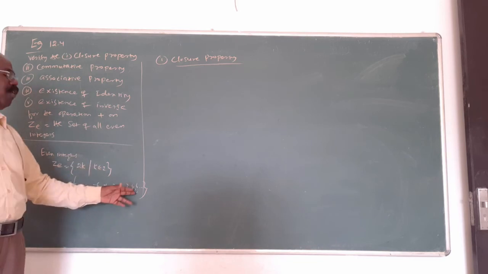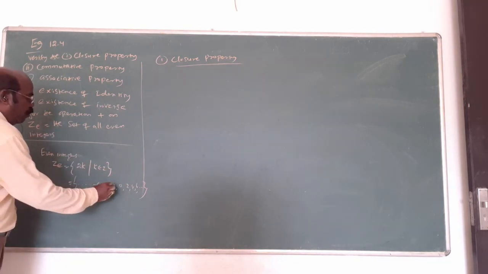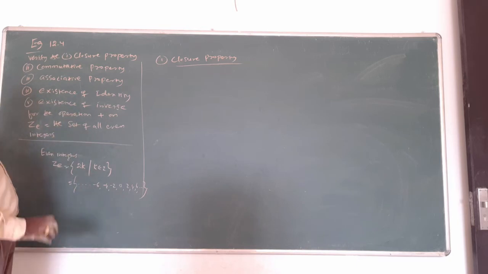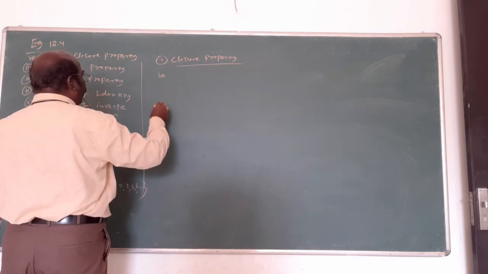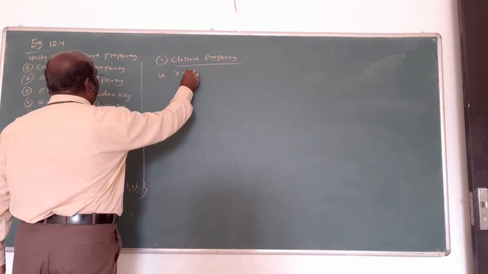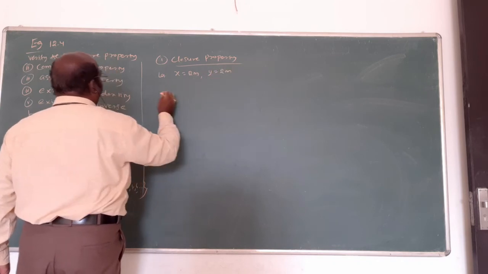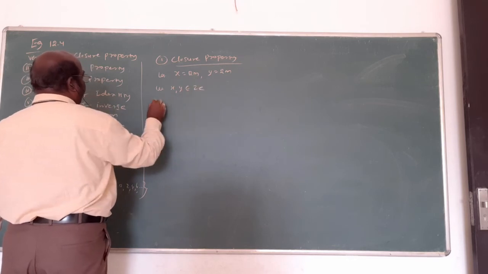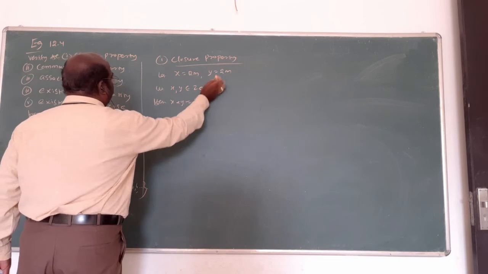Here 0, 2, 4, 6, etc. going on. Left hand side minus 2, minus 4, etc. going on. This is called even integers. For closure, first I want to assume that x is equal to 2m and y equal to 2n. Therefore, let x, y belong to ZE, then x plus y is what? 2m plus 2n.